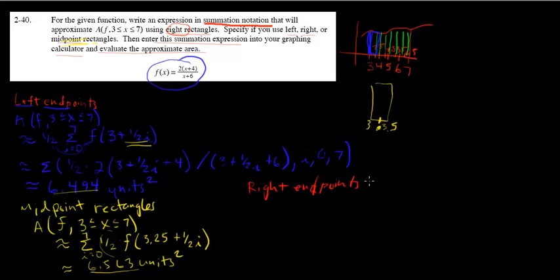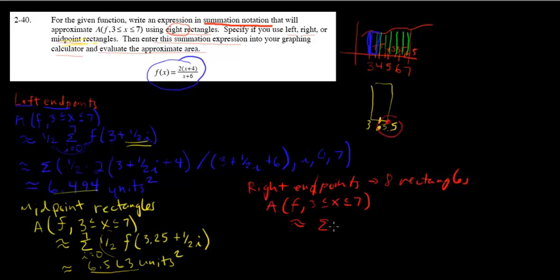So using right endpoints, let's make 8 rectangles. Now we can approximate our area. We still have our function between 3 and 7, and that's approximately our summation. This time we want to use the right endpoint. The base is still 1/2, but the height now starts at 3.5.